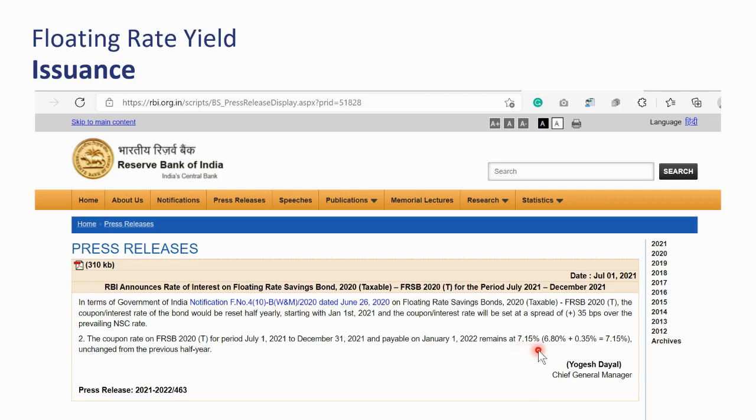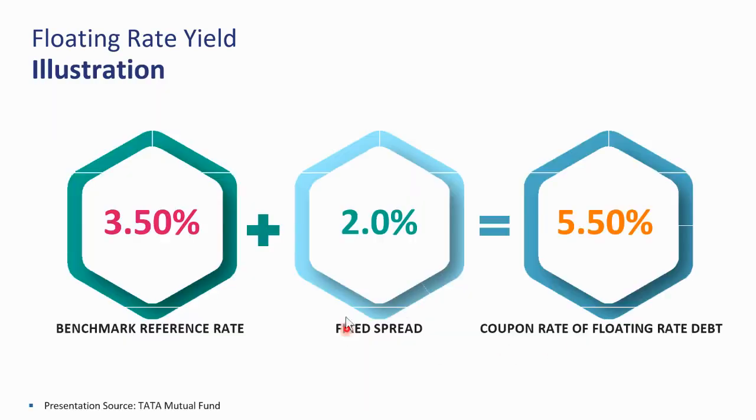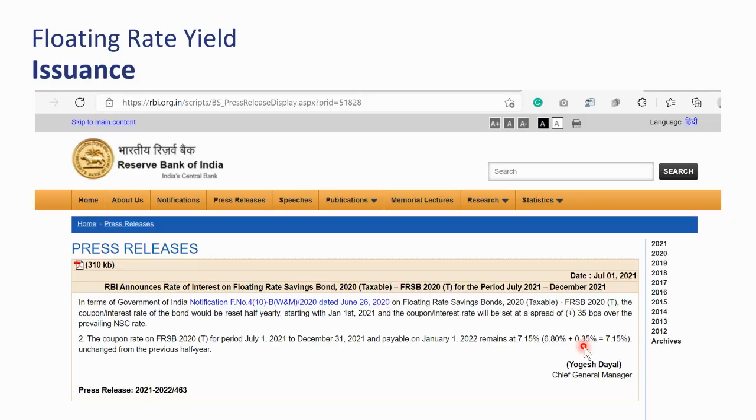Basically, this was at the National Savings Scheme rate of 6.8% plus 0.35% as the variable. So, like how we showed you the fixed spread, that fixed spread was 0.35, and which became 7.15 for the floating rate market.